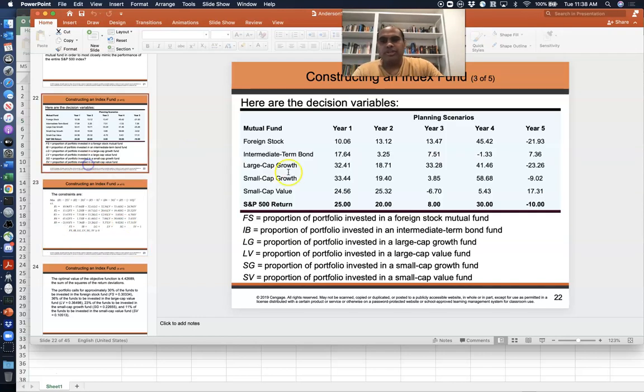For each of the years, the return is R1, but the index return was 25%. So if you take R1 minus 25%, it tells you how much off you were, or how much better you were than the S&P index. The reason we square it is because these numbers are negative, so we want to make them positive.